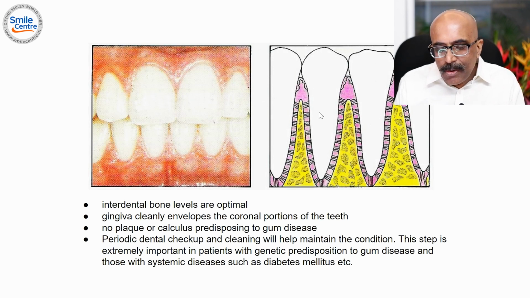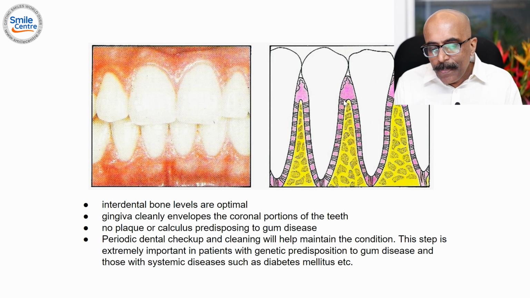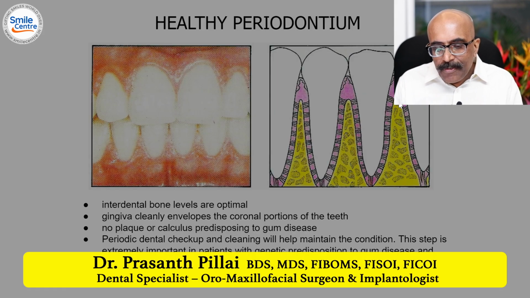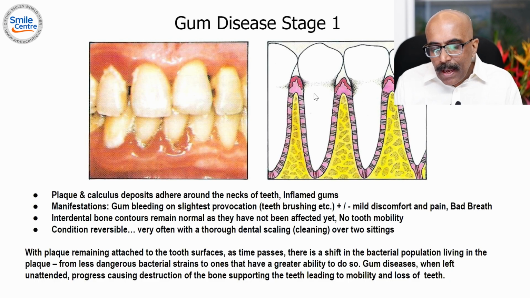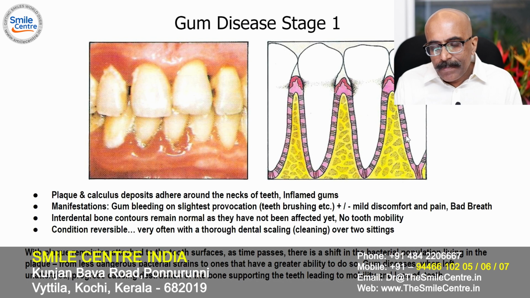This is the cross section of a tooth which is depicted here. On the left side you have the picture, and on the right side you have the image depicting the situation of this particular picture. So you have the healthy gum and bone, and once gum disease sets in, in the first stage you just have inflammation of the gum and the bone is not affected.